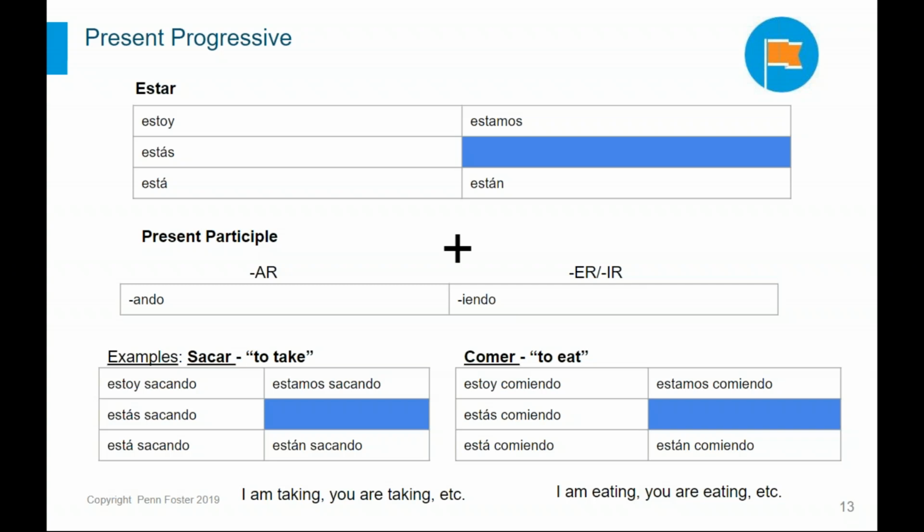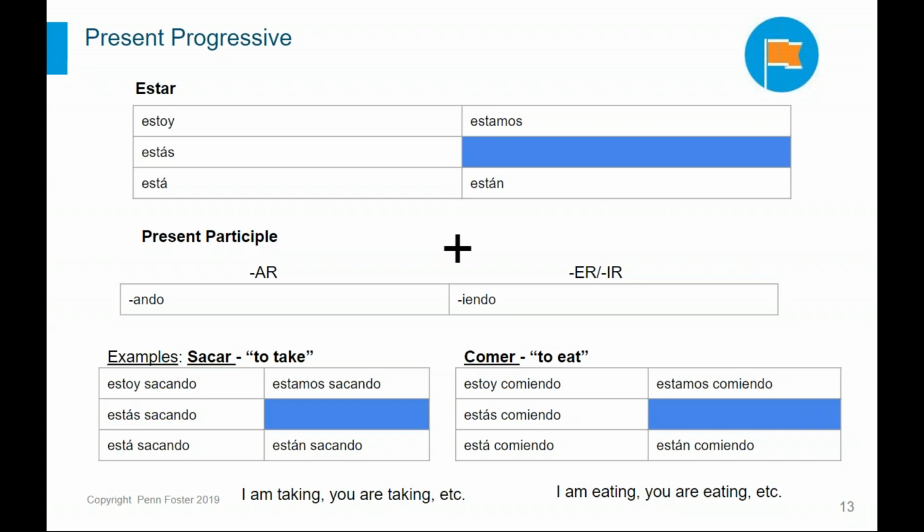So if we were taking a photograph, let's say, using the verb sacar, you would say something like estoy sacando. So notice the AR has been removed from sacar, and you've added ANDO. That is the equivalent to ing, or one of the equivalents to ing. The other is on the right side, IENDO.